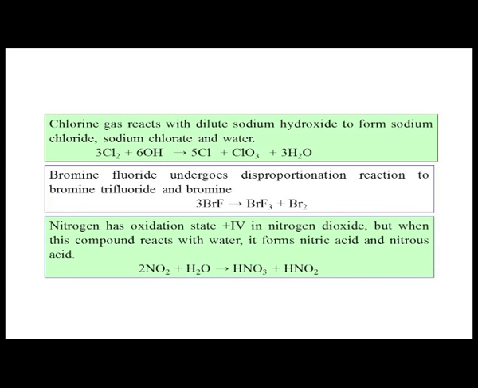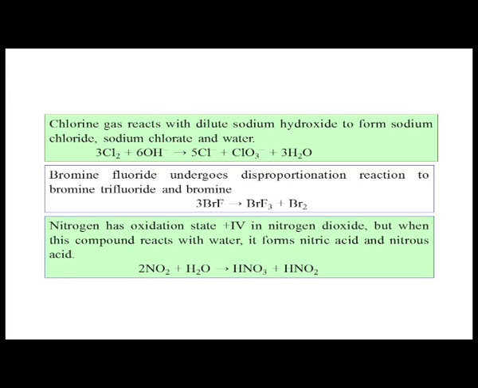This is also true for a typical reaction of interhalogen compounds. We are talking about the metal salt, the elemental form of the compound, and some other compounds which are interhalogen compounds, such as BrF.